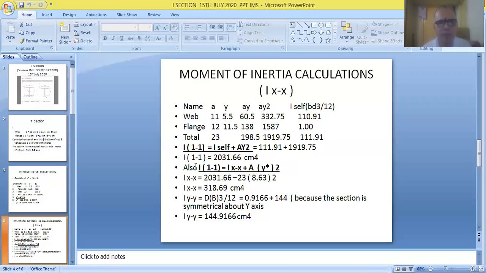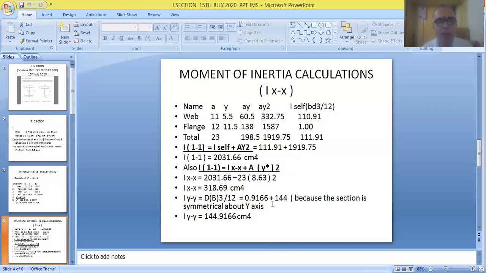So friends, I11 is obtained as 2031.66 centimeter to the power of 4. So friends, this is the formula. It is written in bold letters, very essential for measuring the value of I11.